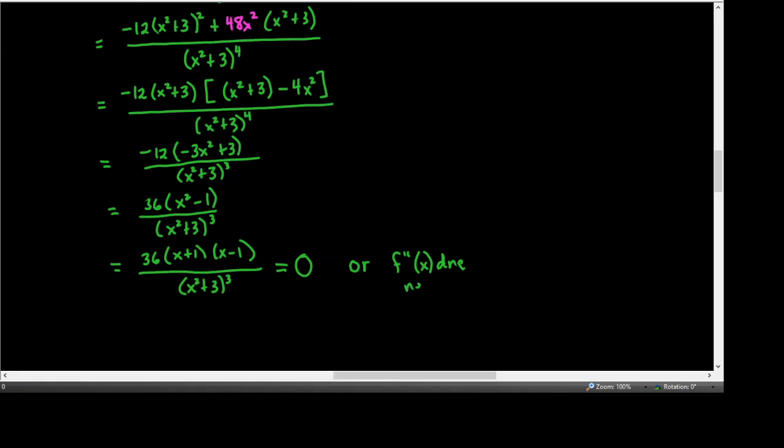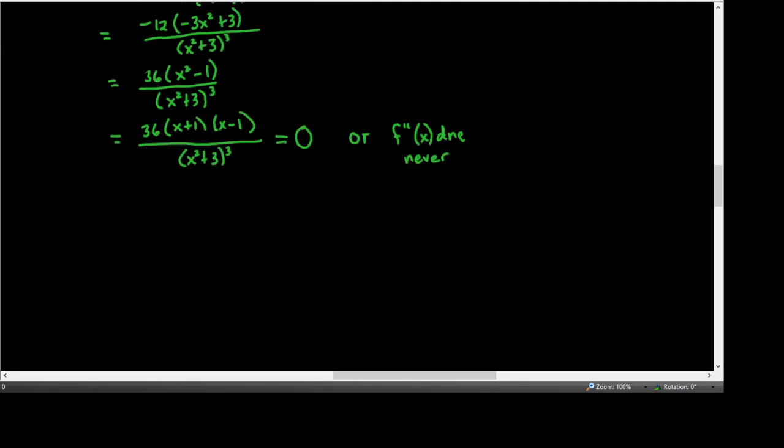So that never happens. Okay. Then the only way a fraction can equal 0 is if the numerator equals 0. So the whole fraction will equal 0 when the numerator itself is equal to 0. And that occurs when x is negative 1 and positive 1.